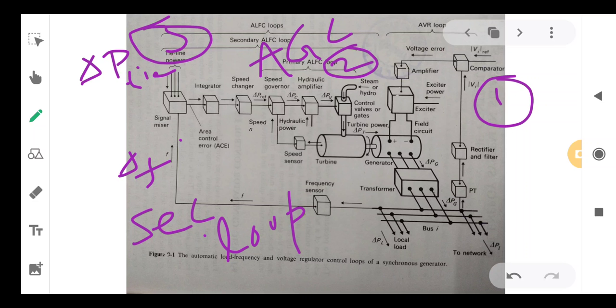So, the interchange between control areas can be facilitated with the help of secondary loop.